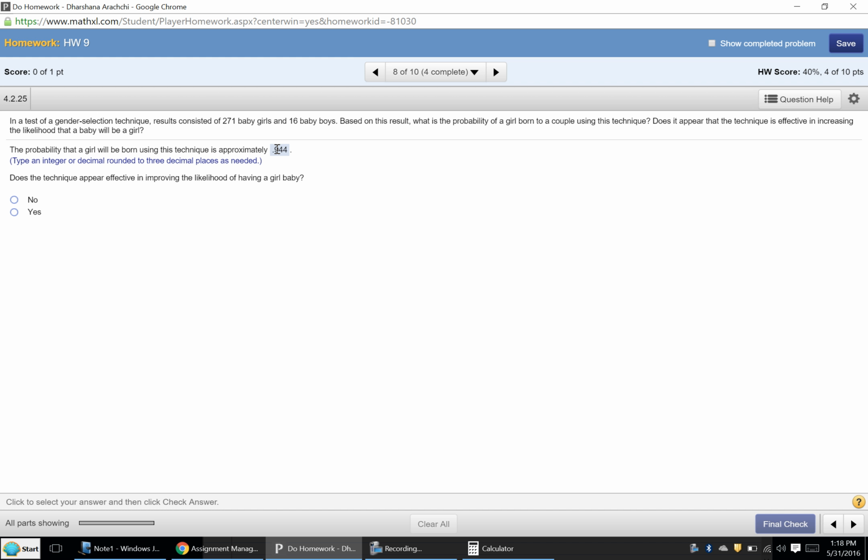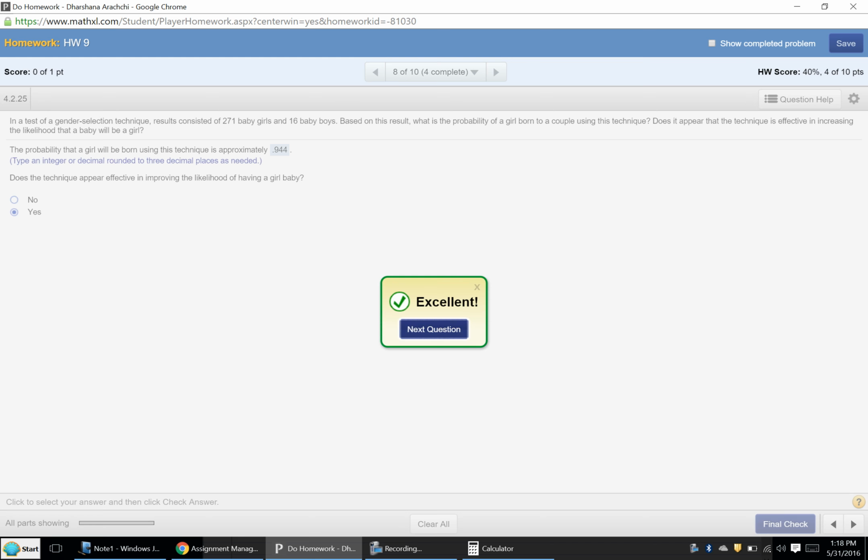That's quite a high probability. So the answer should be: it can appear to be effective in improving the likelihood of having a baby girl. Yes, so it is correct.